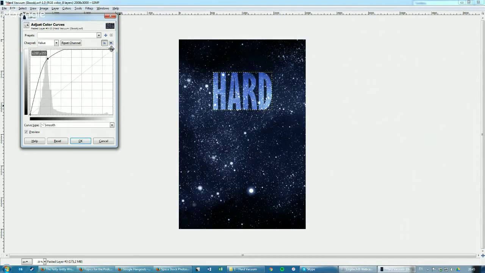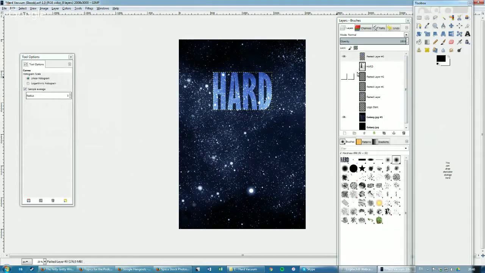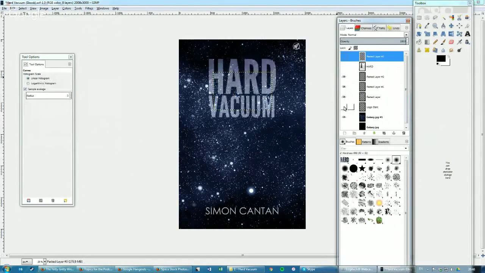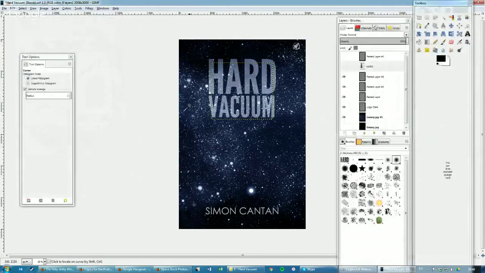cover design skills. So when you do that, you get a cover that, if I get rid of all this stuff again, is readable, is legible, and if you've picked the right stock image, will convey what the genre is.